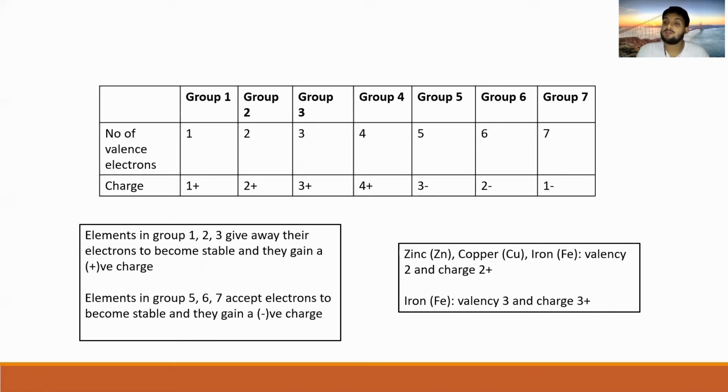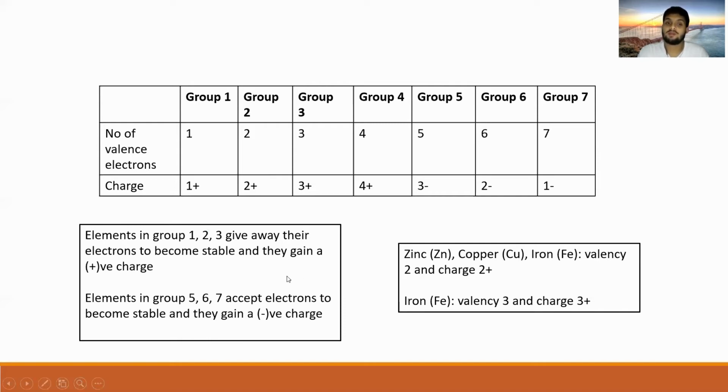Whereas the elements in groups 5, 6, 7, which are non-metals, will accept electrons into the outer shell and become stable, and they will have a negative charge. That is the difference between these two.